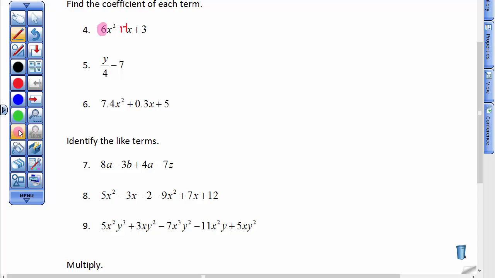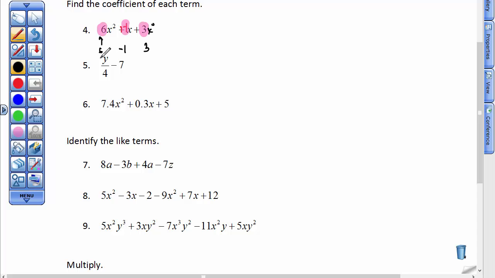So the coefficient for this one is just that -1 right there. We even call the 3 a coefficient. While it is a constant, 3 can also be thought of as 3 times x to the 0 power, because x to the 0 power is 1. So we can think of that as a coefficient of 3. So this coefficient is 6, this coefficient is a -1, and this coefficient is 3.